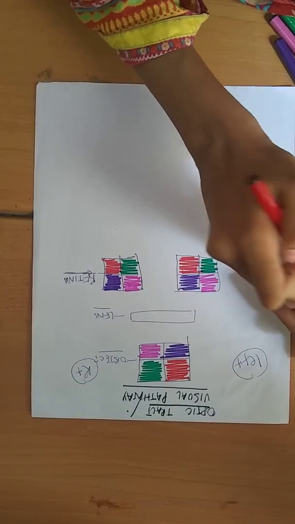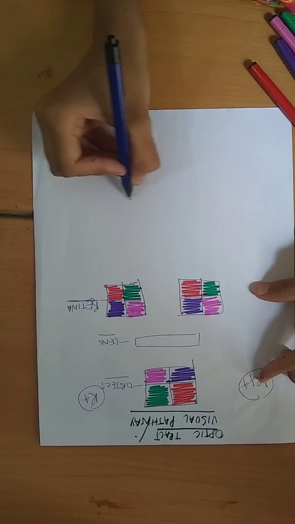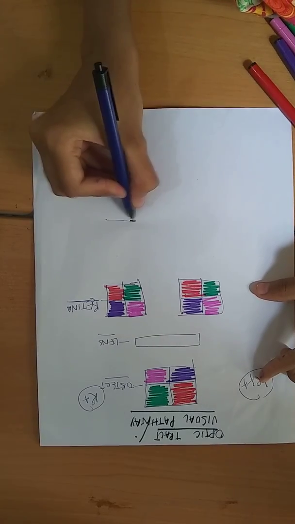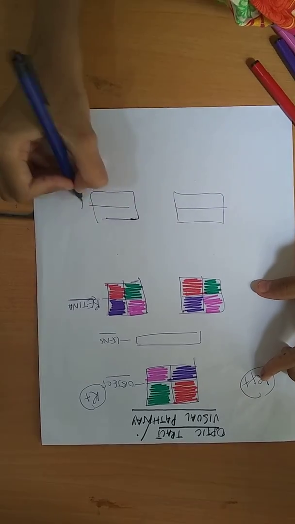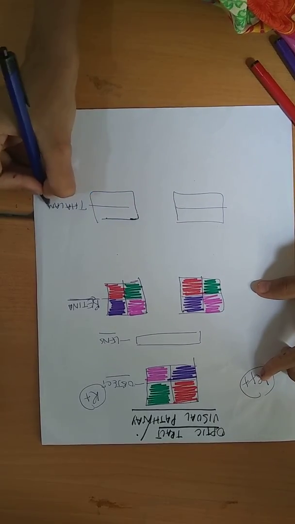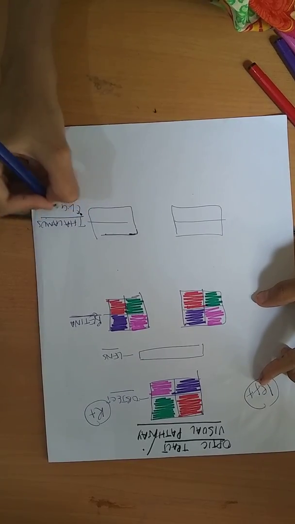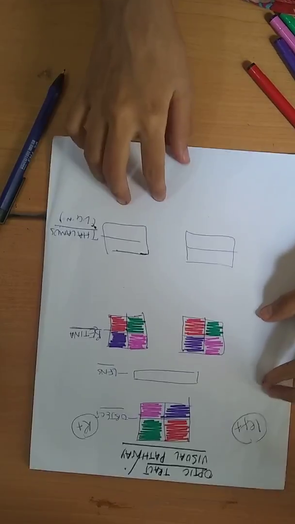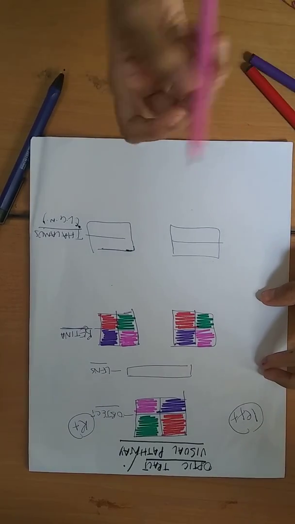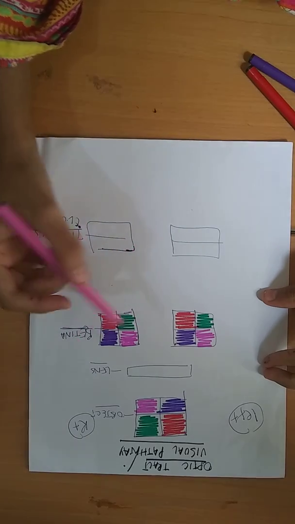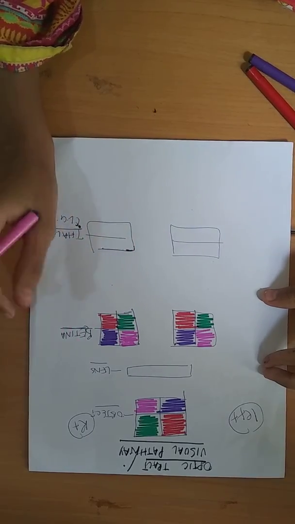Now the optic nerve. This is the thalamus, the lateral geniculate nucleus of the thalamus. Right? Now, only the nasal portion of the optic nerve decussates, while the lateral portion does not decussate.